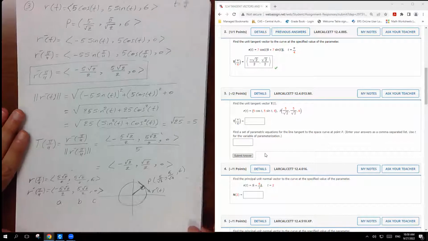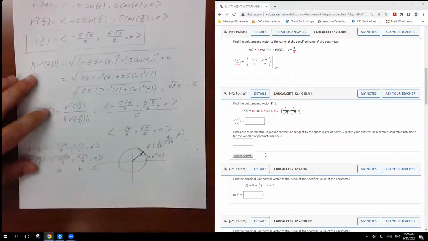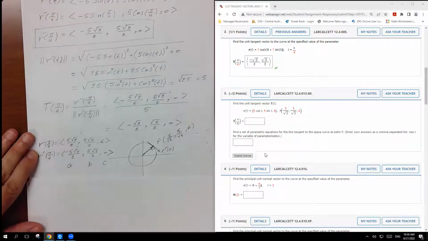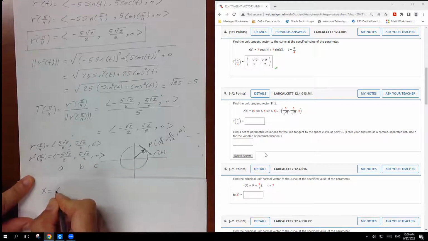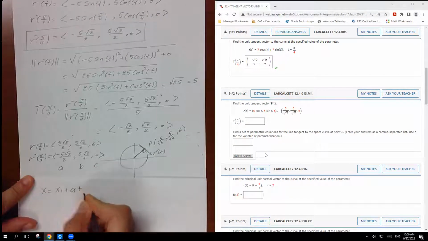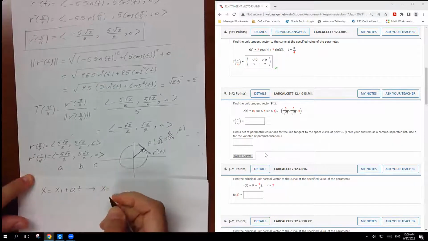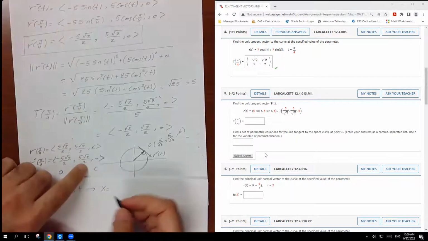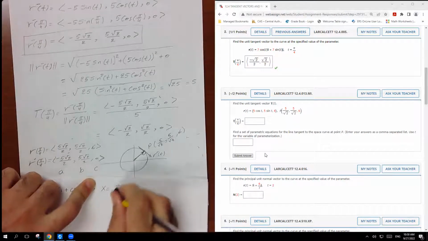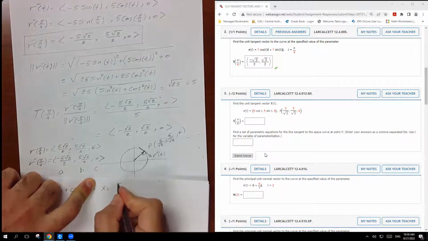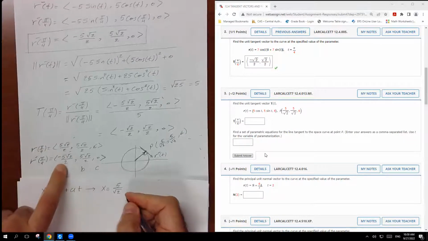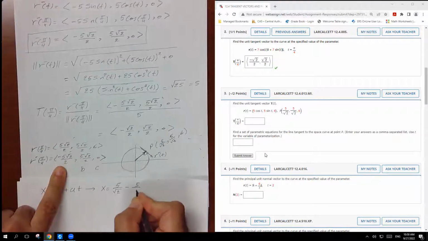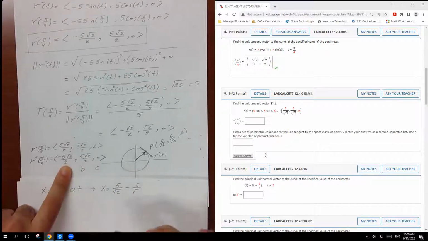So X is going to be X1 plus At. That means X is going to be X1, which is 5 over square root of 2, plus minus 5 square root of 2 over 2 t.